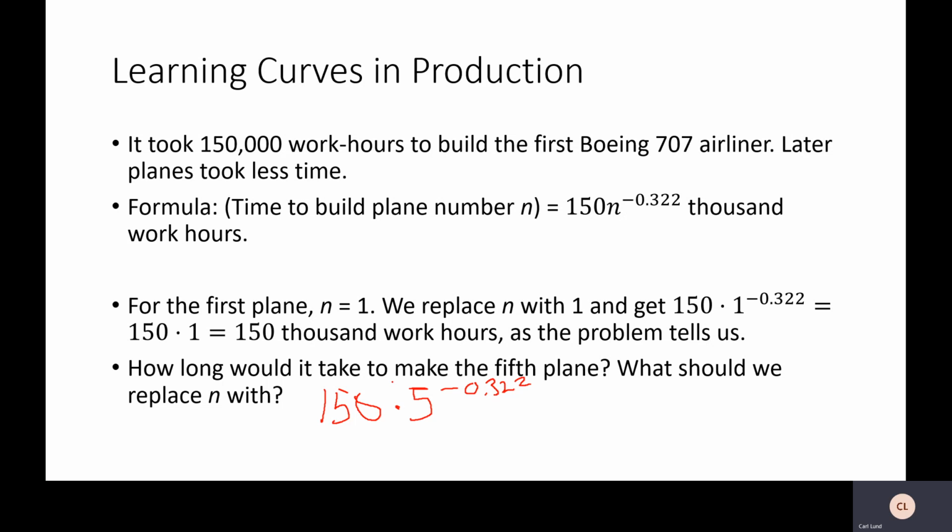Remember PEMDAS from previous math courses. Remember order of operations. We do exponents before we multiply. And so here, the first thing we have to do is raise 5 to the negative 0.322. Then we're going to multiply that answer by 150. So we're going to use the calculator to do this, obviously.